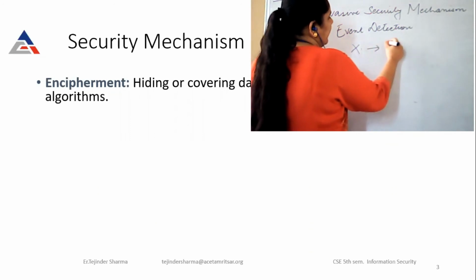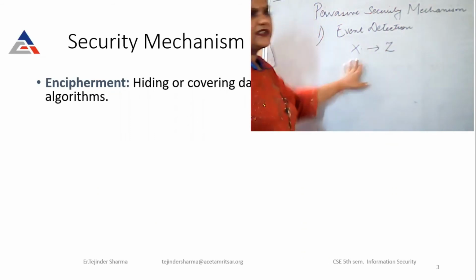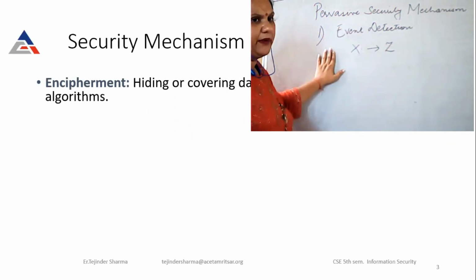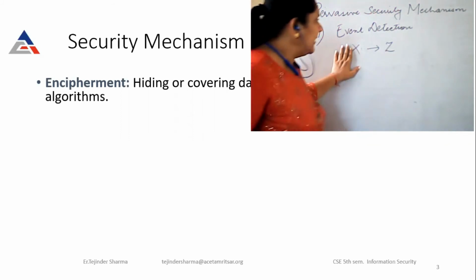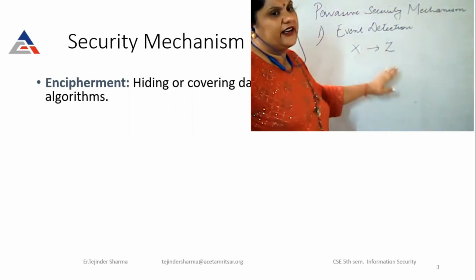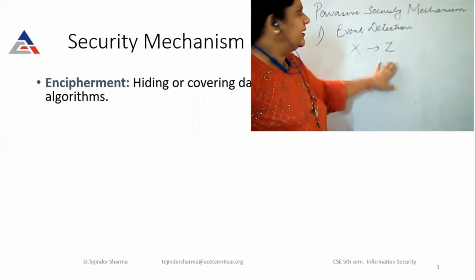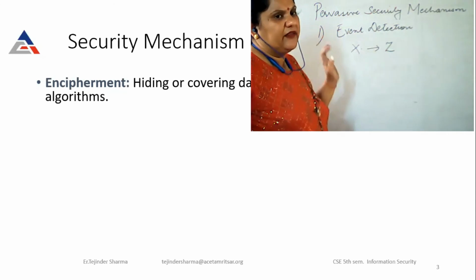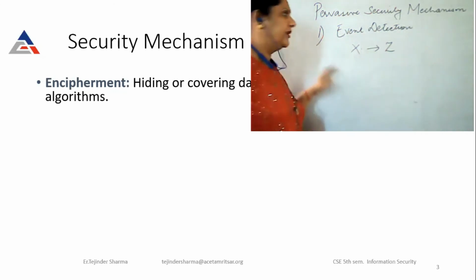Suppose his own name is Z, and from X person's account he makes the transfer to his own account. That means some event has happened. So whenever any event or data security breach occurs, the events are recorded.